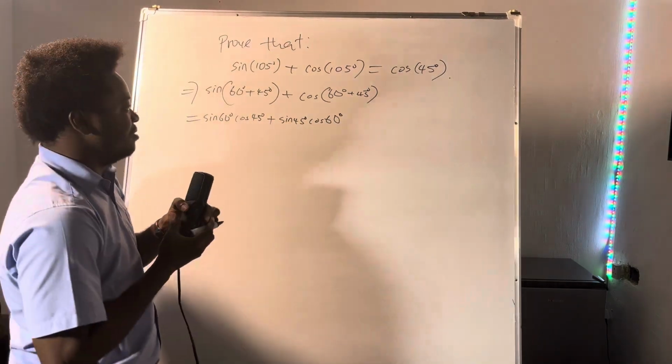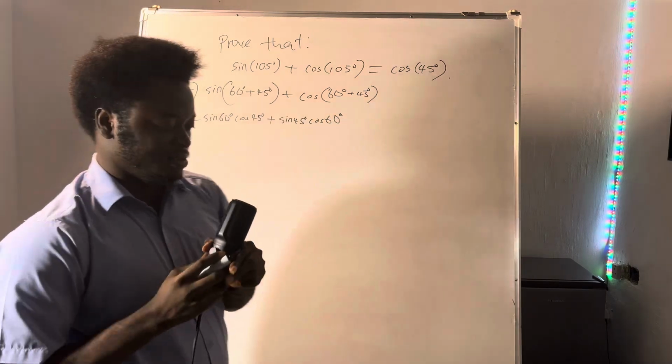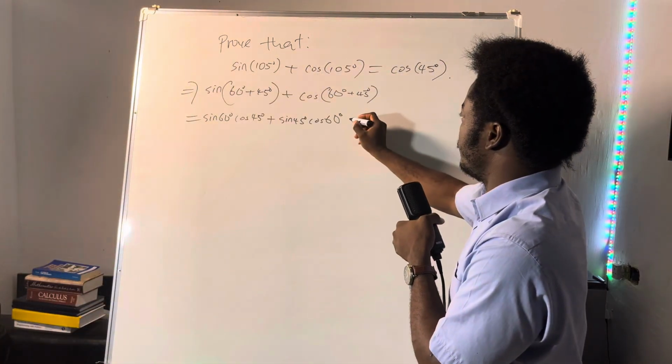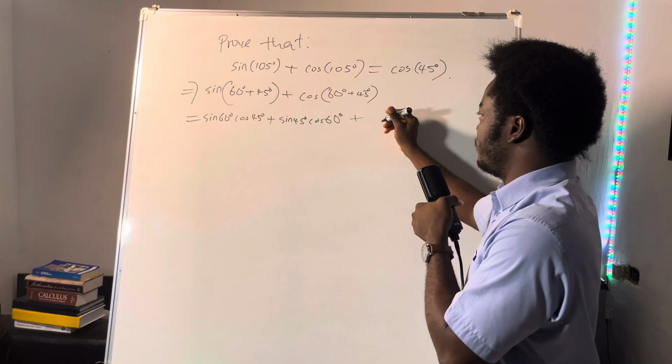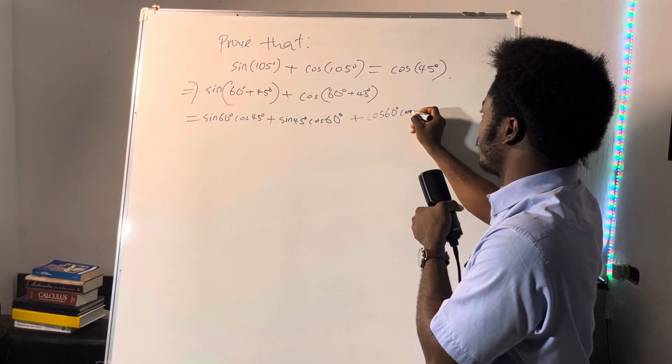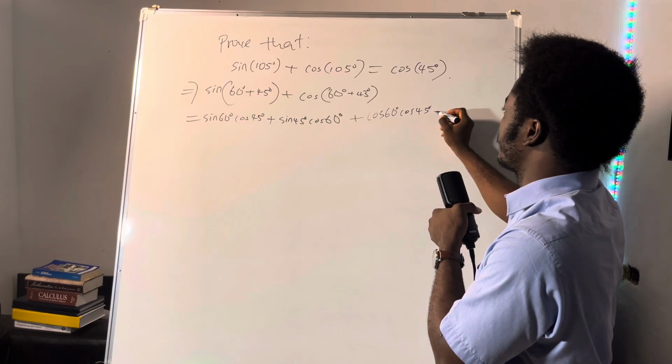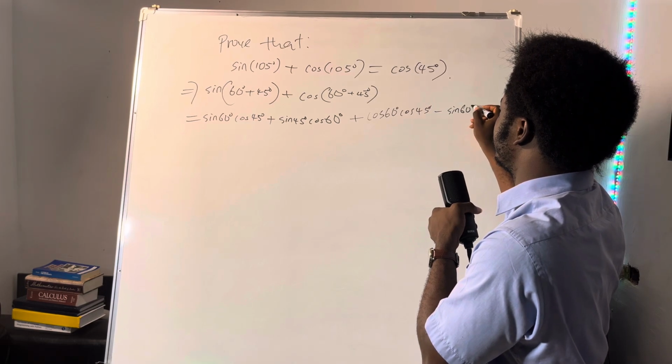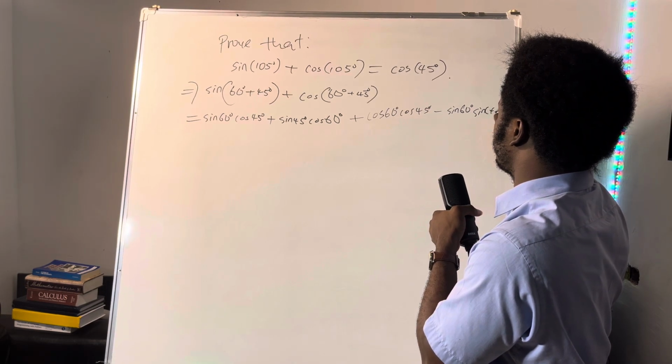Okay, now for this other part here, you would have cosine a cosine b, so you have cosine of 60 degrees cosine of 45 degrees minus sine of 60 degrees sine of 45 degrees.